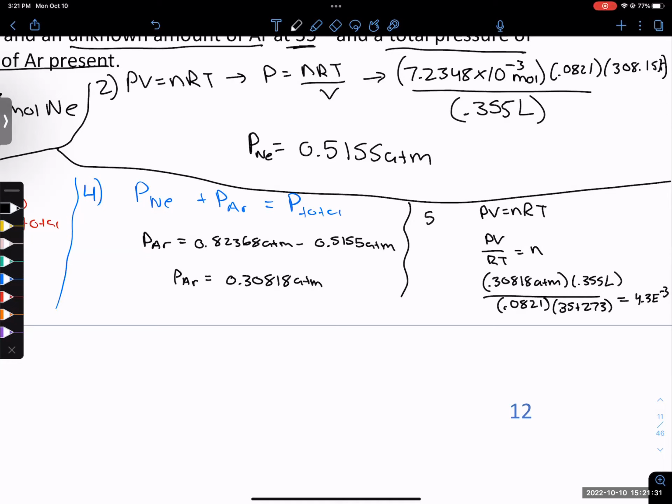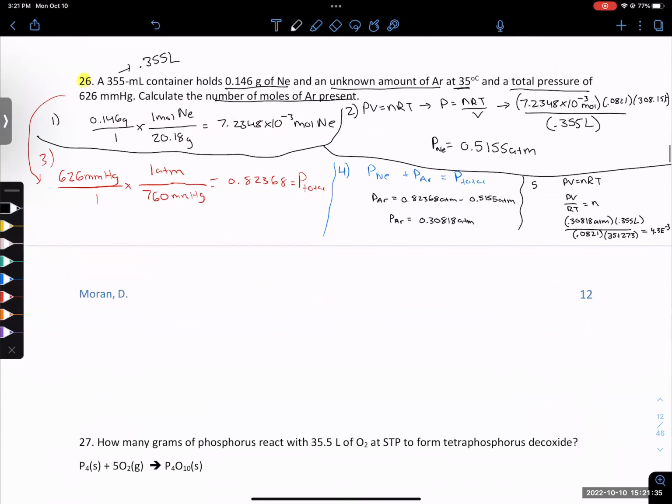So what Jake did, because Jake's actually smarter than me, right? Jake found the total moles. He knew that there's this amount of moles of neon, right? Oh, I see.